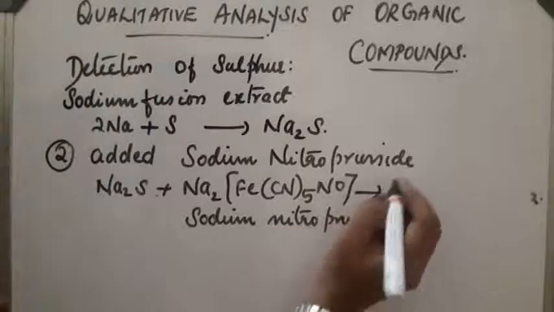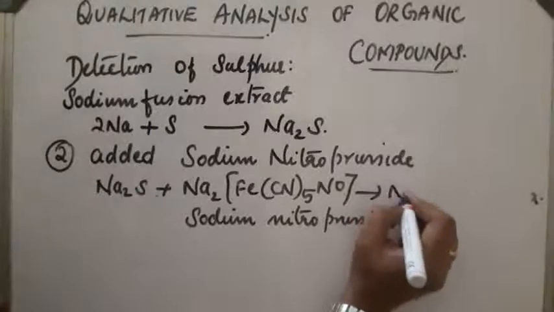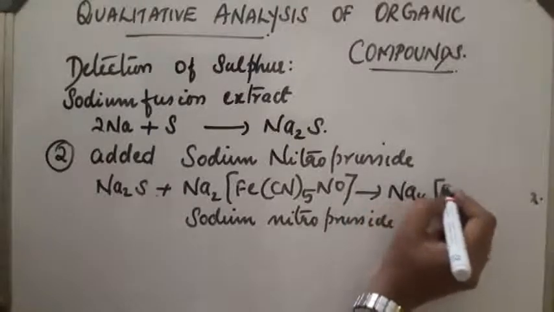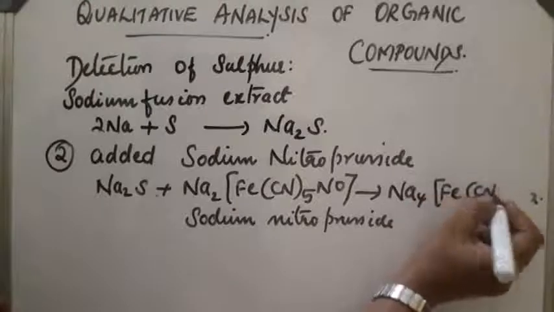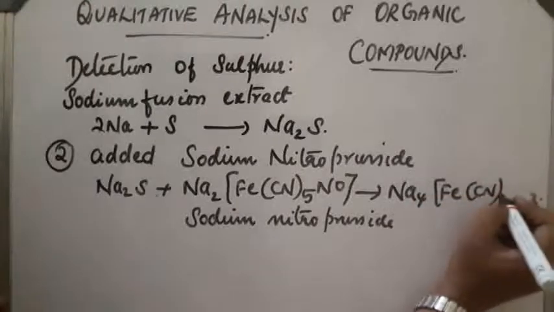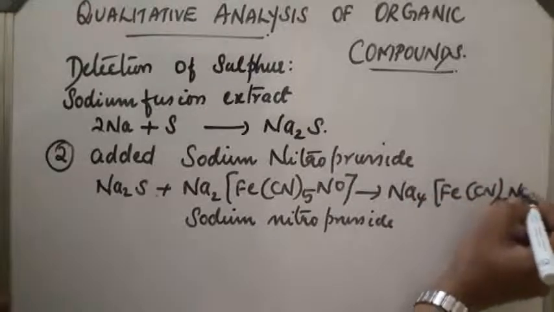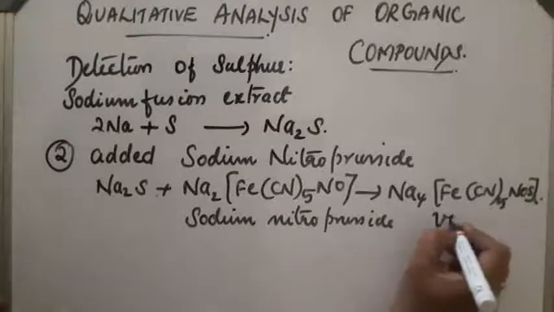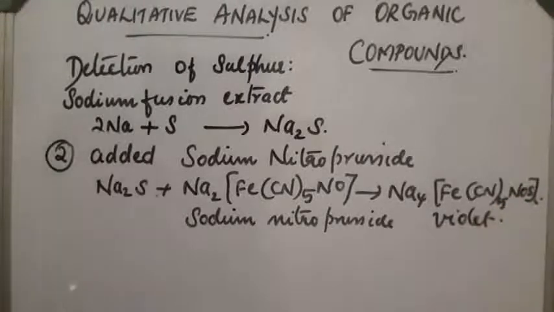The compound obtained will be Na4[Fe(CN)5NOS], which is violet in color. So this is another detection of sulfur.